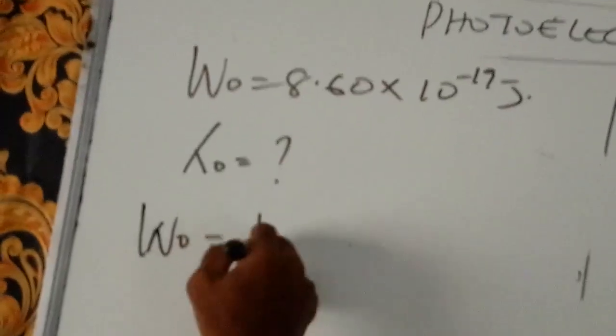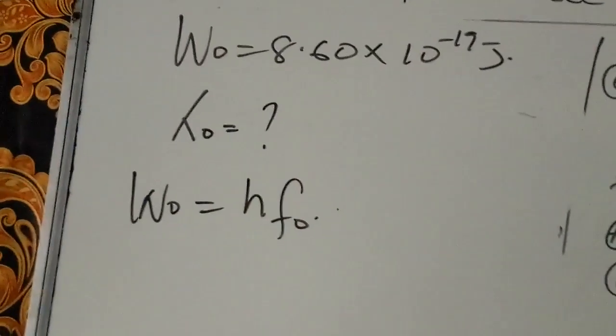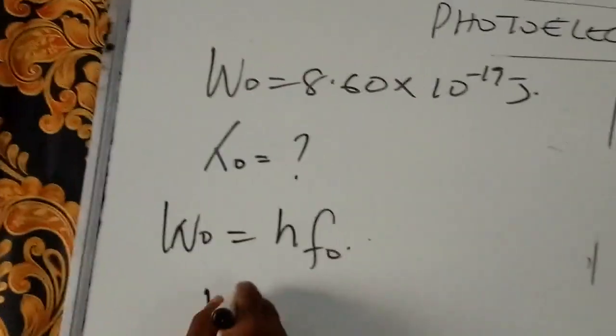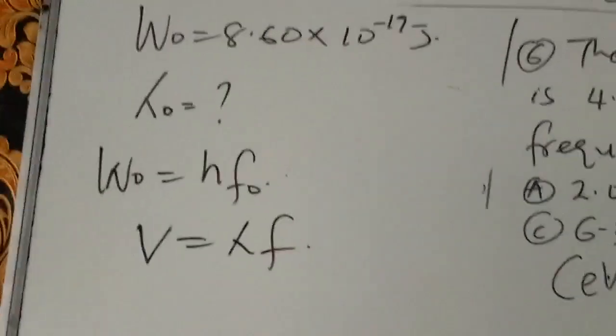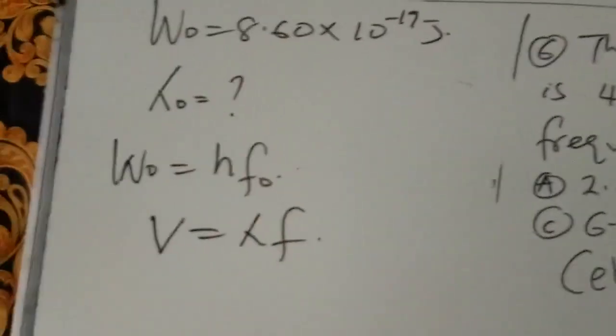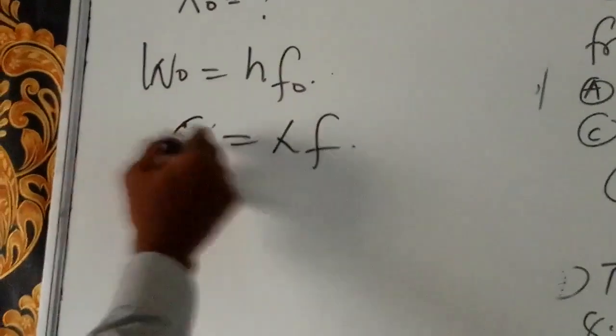Now know that the work function equals Planck constant times threshold frequency. From the velocity equation you have v = λf, but because the speed of light is constant, we replace v with c.